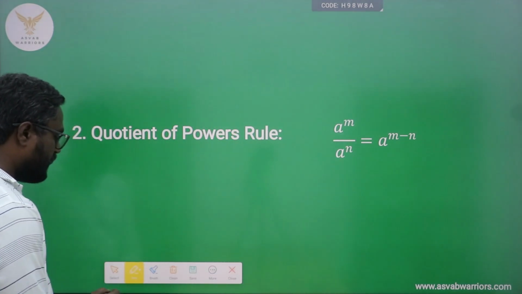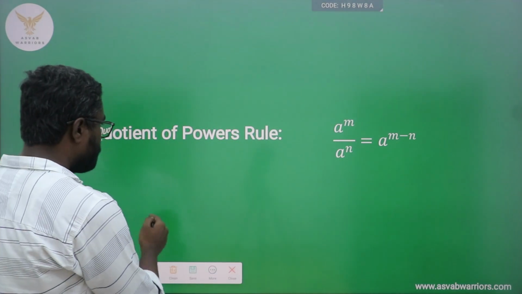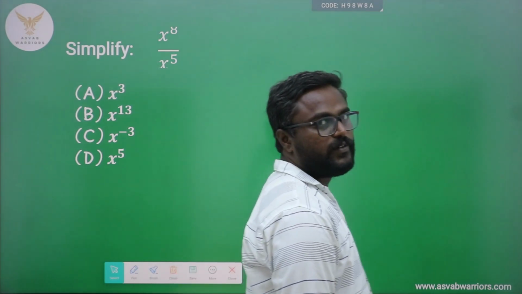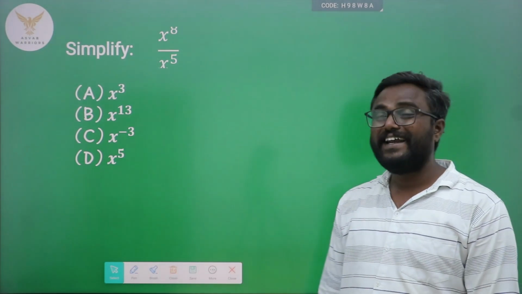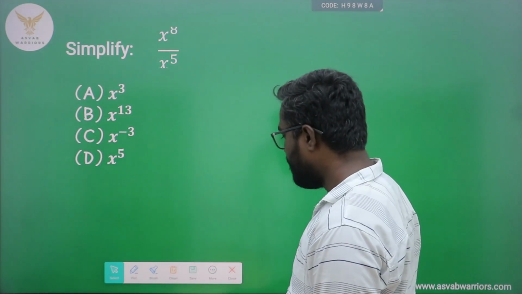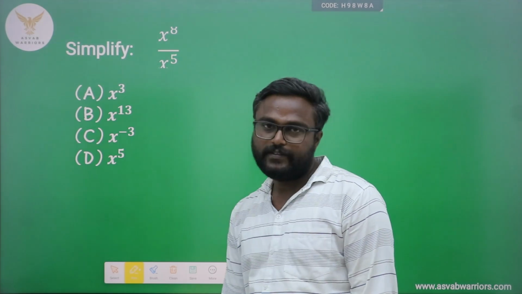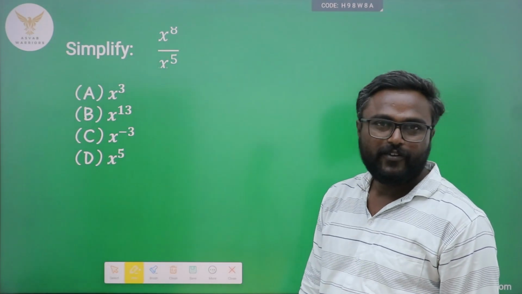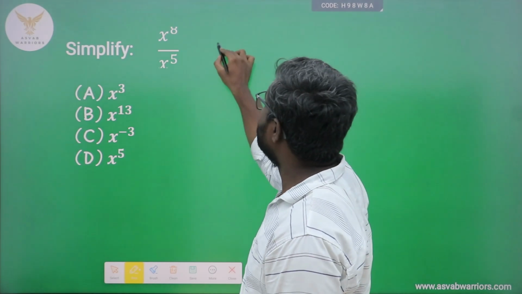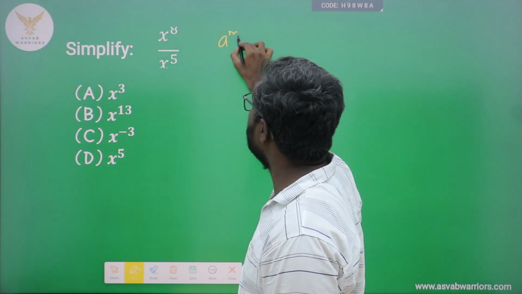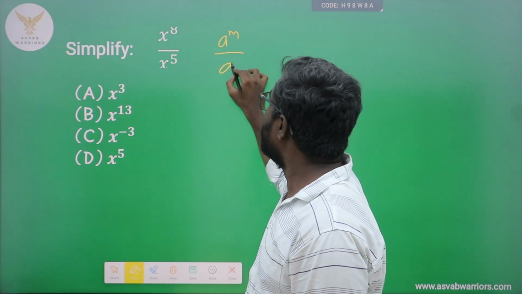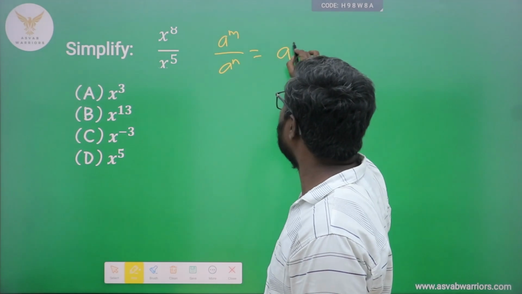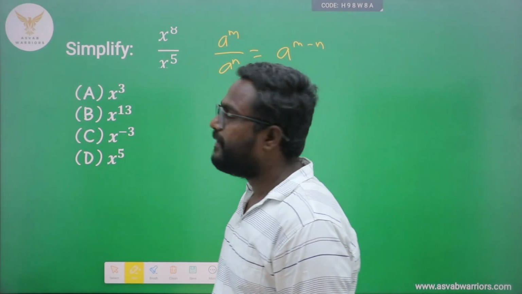Let us solve some questions based on it. And when we solve some questions, I want you to try it out on your own as well. These are easy questions guys. So x to the power 8 divided by x to the power 5. So what will I do now? I'll write down the formula first. a to the power m divided by a to the power n is nothing but a to the power m minus n.